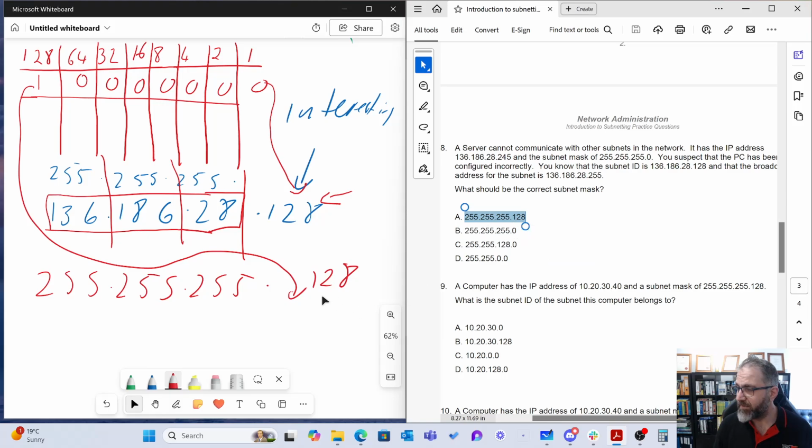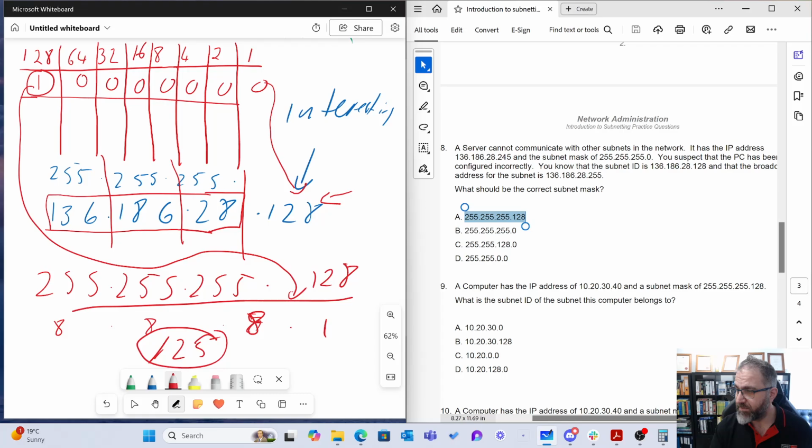That is the correct subnet mask. By the way, if you're doing it in slash notation, remember that's 8, 8, 8, and that's a 1 there because of just the 1 bit there. So that becomes a slash 25. Okay, 8, 16, 24 plus 1 is 25. So that's the correct answer.